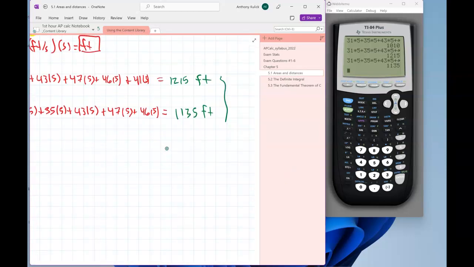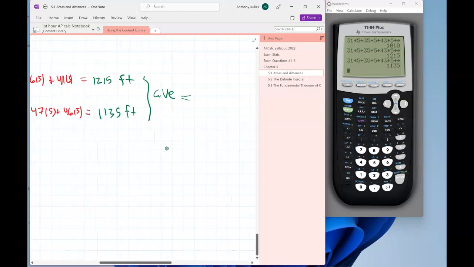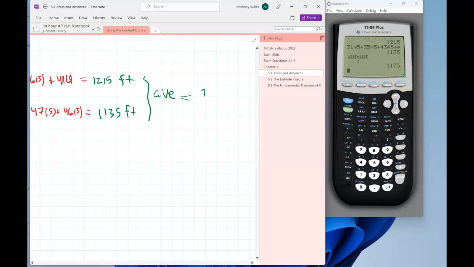And then if I average those, my best estimate there is going to be 1,175. So we'd say about 1,175 feet.